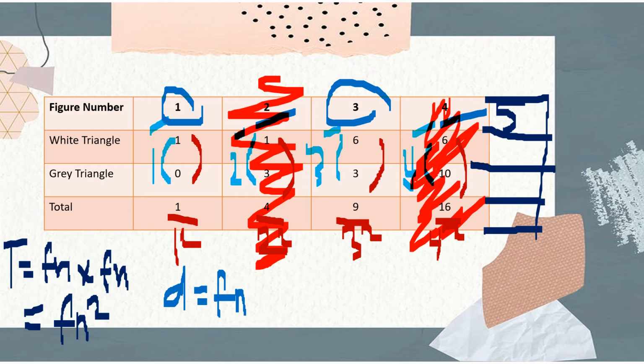So first, the total of figure number 5: we have here 1 to the power of 2, 2 to the power of 2, 3 to the power of 2, 4 to the power of 2, and the total number at figure number 5 is 5 to the power of 2. And the difference is 5, the same as the figure number. So let's go to the next slide.